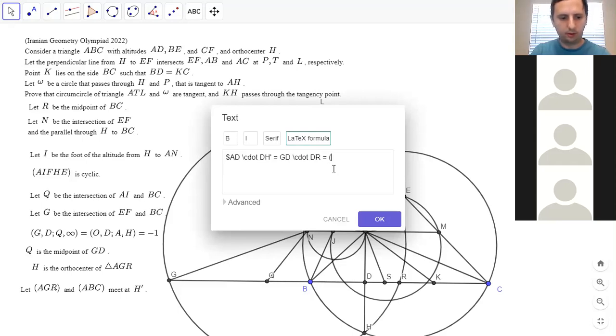Which is 2QD times DK over 2, which is QD times DK.